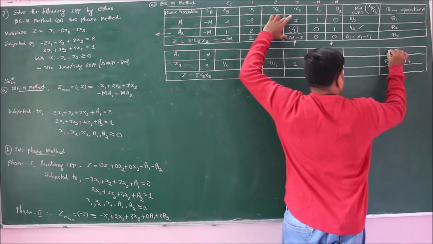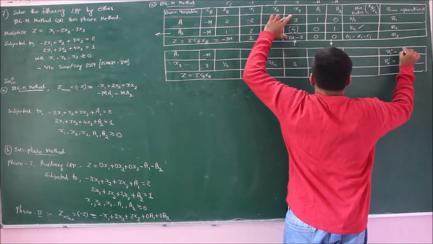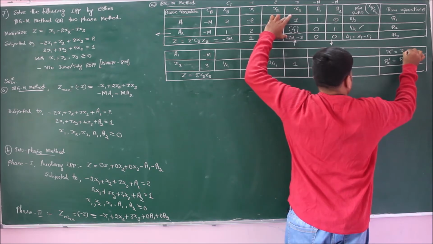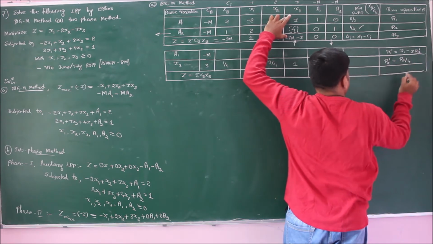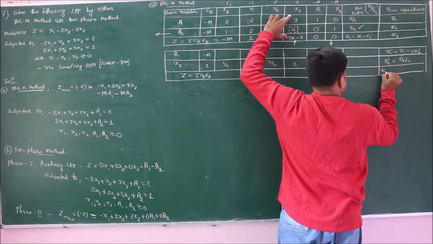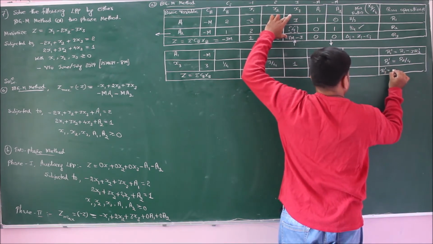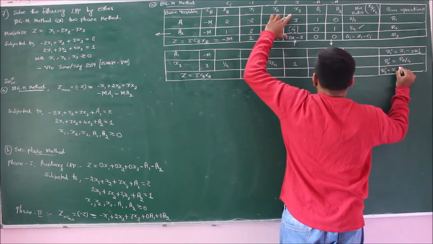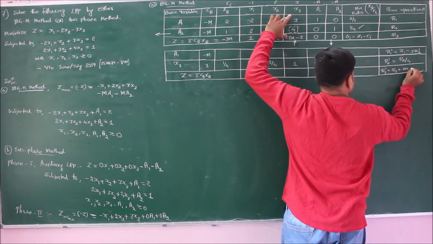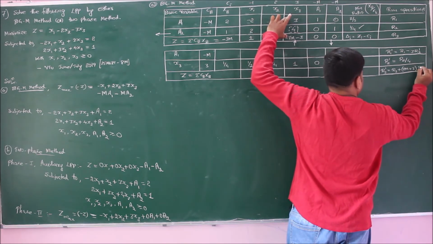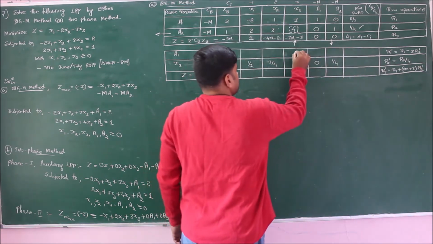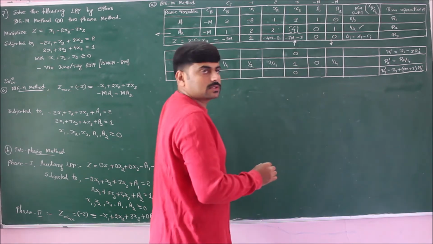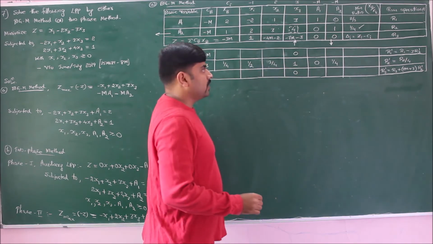So R1 dash is equal to R1 minus 3 times the key row, that is R2 dash. Coming to R3 dash, it is R3 plus 7m plus 3 times R2 dash. Thereby I can make these two zeros. Based on that I wrote the row operation.